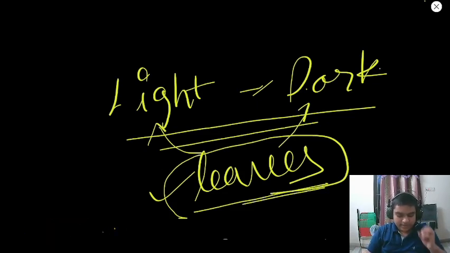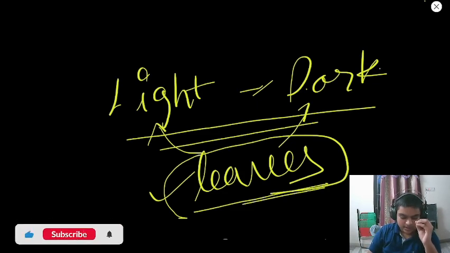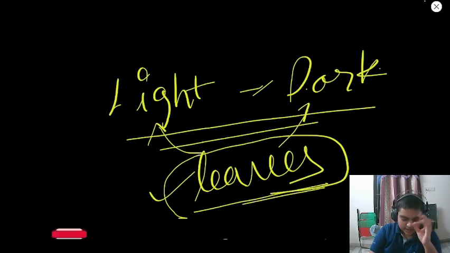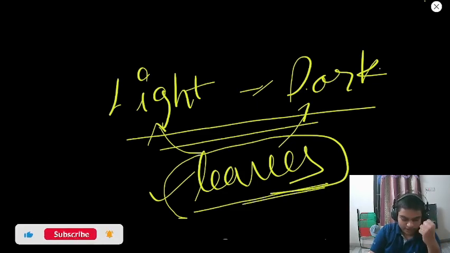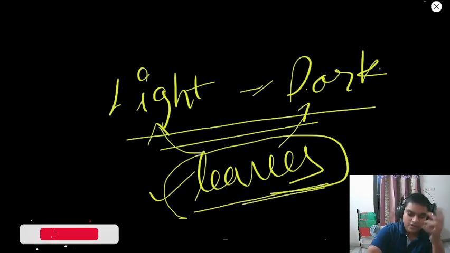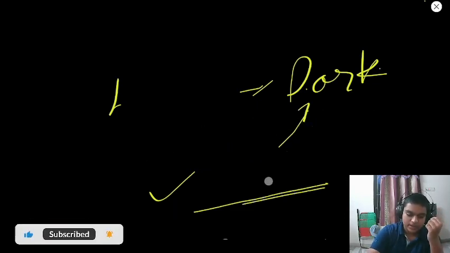It has been a hypothesis that there is a hormonal substance that is responsible for flowering. So there is a hypothesis given by some scientists that there is a hormonal substance which is responsible for flowering during the daytime.